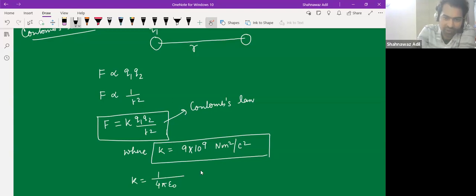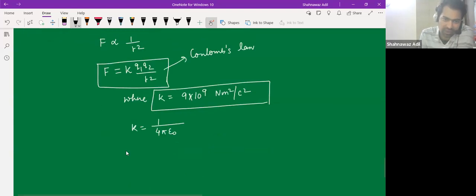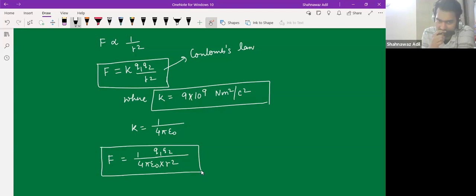This Coulomb force we can write as 1 by 4 pi epsilon naught Q1 Q2 by R square. This is the magnitude of the force, right?